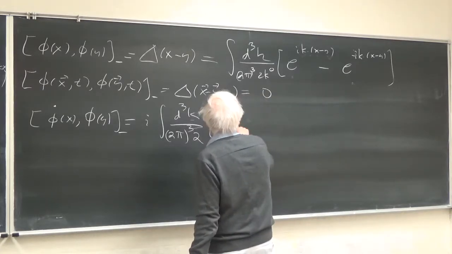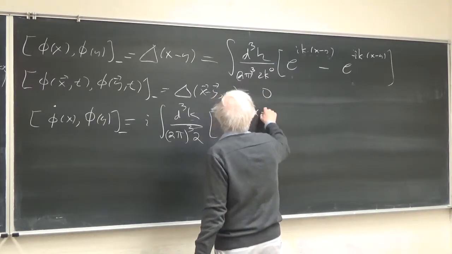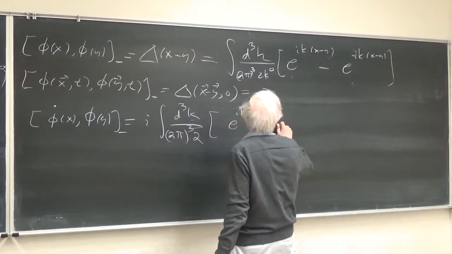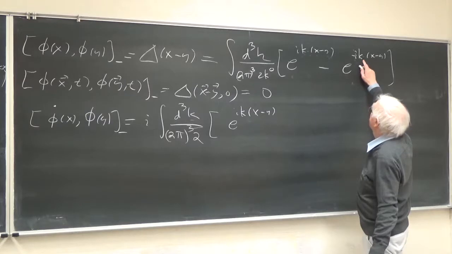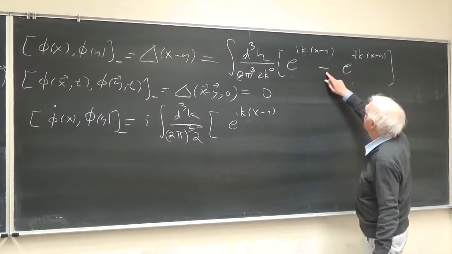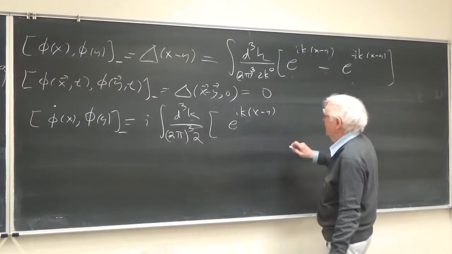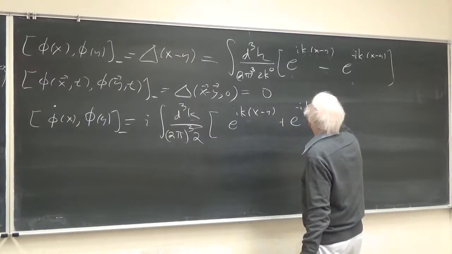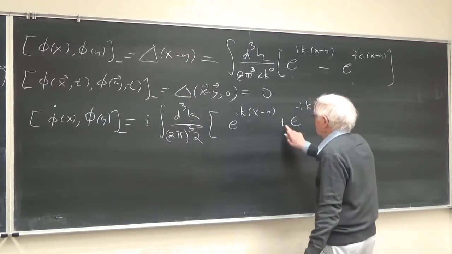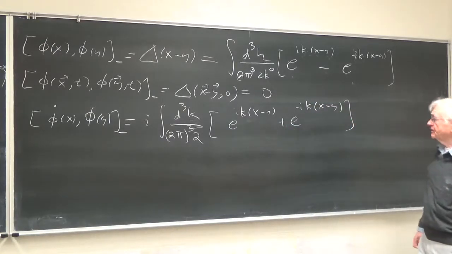And what we have here is e to the I k x minus y. But now, when you differentiate, you get a minus sign coming in, and that cancels that factor. So we get e to the plus I. So we have a plus sign here.